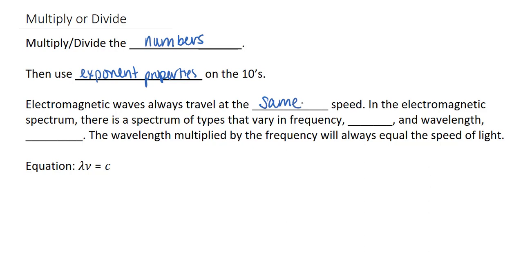In the electromagnetic spectrum, there's a spectrum of types that vary in frequency, which we're going to represent as this fancy V, and wavelength, which will look like this. The wavelength multiplied by the frequency will always equal the speed of light, which will be represented as C.